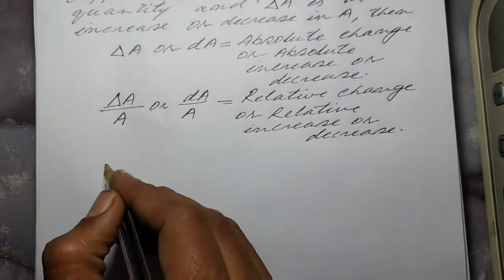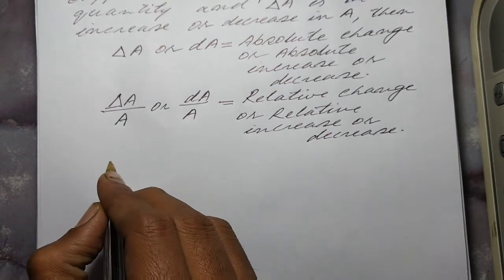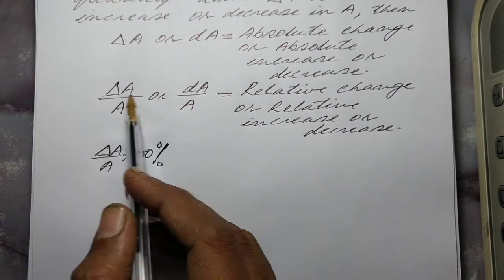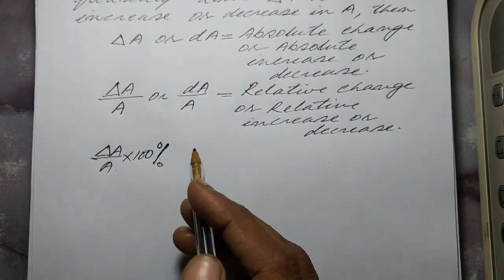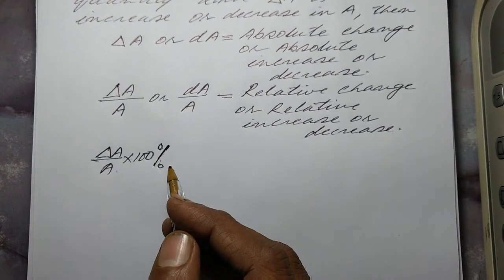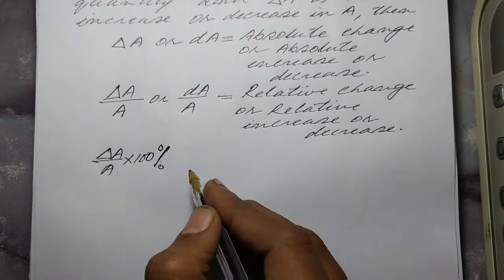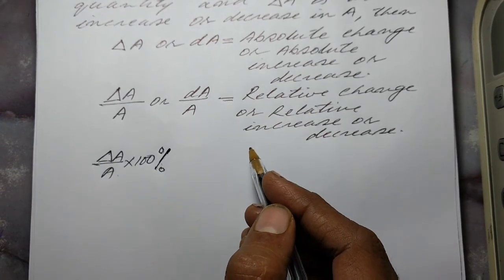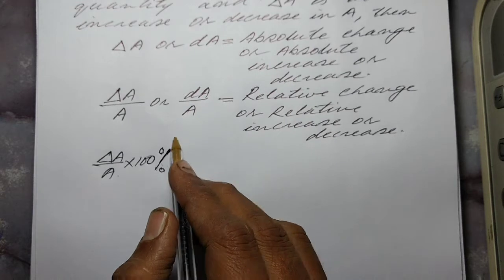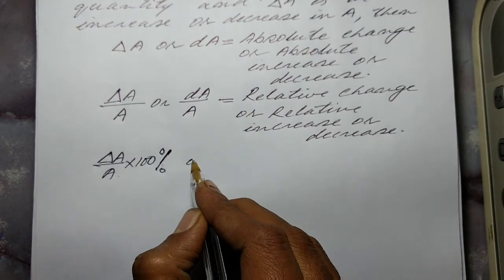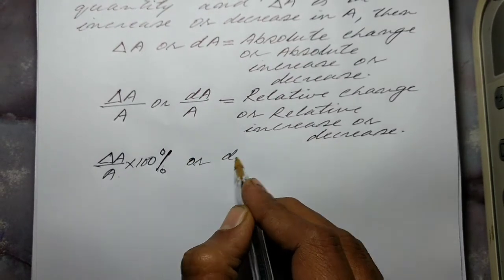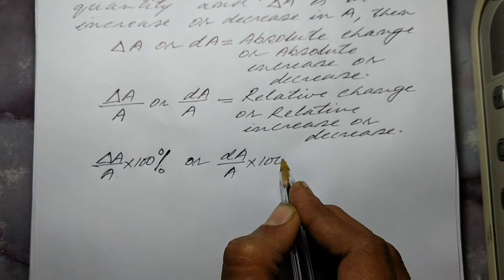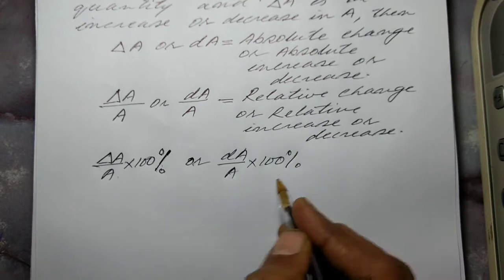And if we multiply this relative change by 100, it turns out to be percentage change or percentage increase or decrease. And this may also be written as dA upon A into 100%.